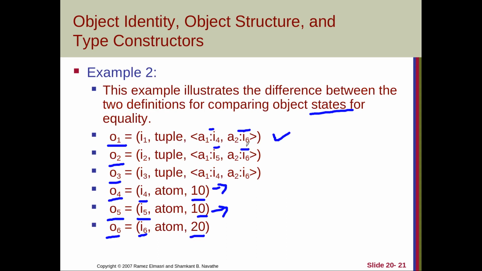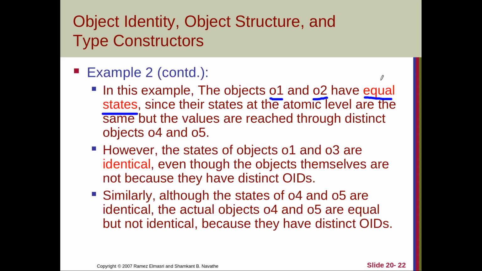I6 and I6 match, but I4 and I5 are different here, right? What is I4? I4 is 10. I5 is also 10. So these 2 have the same value. For I6 and I6, both are 20. So these 2 have equal states because their states at the atomic level are the same.